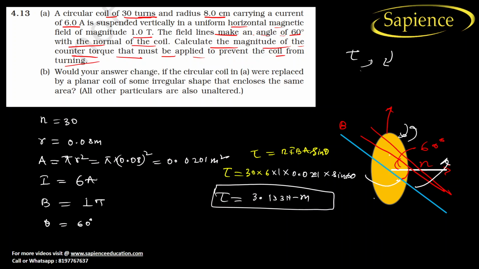Otherwise, a torque will be created and this coil will try to turn. Now the question is, would your answer change if the circular coil were replaced by a planar coil of some irregular shape that encloses the same area? We have already seen that the formula for the torque is NIBA sine theta. Now they are taking the area as constant.